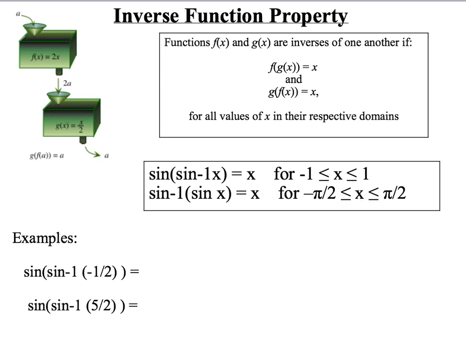Now one of the big places for the inverse function is the whole idea that the inverse undoes what the function does. Back when we covered inverse functions, we kind of looked at it as an assembly line.